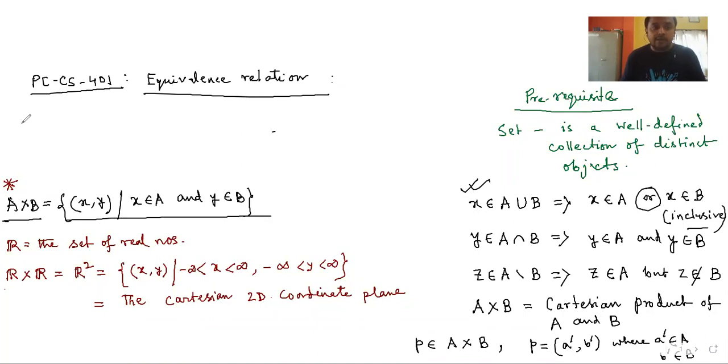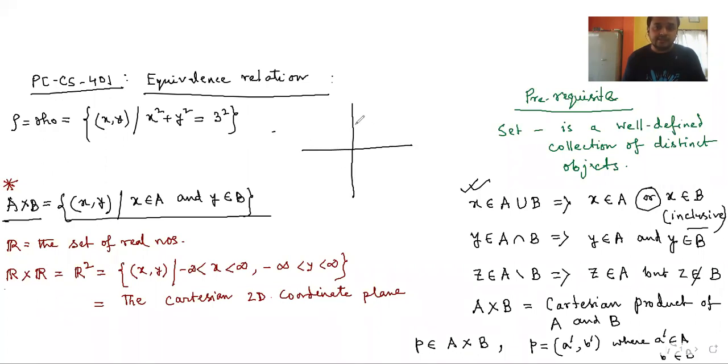Now, if I define a set, which I denote by rho, as the collection of points x, y where x square plus y square equals 3 square, obviously you understand that this is nothing but a circle.